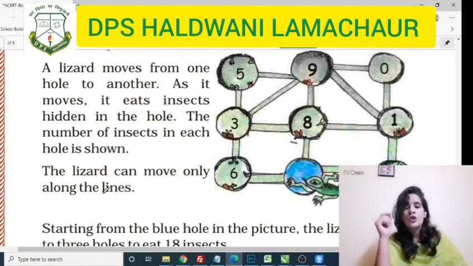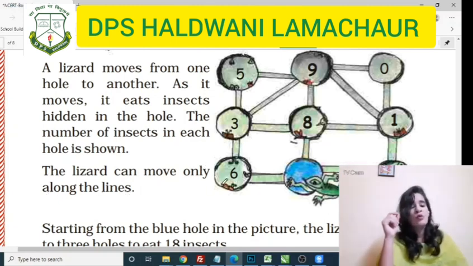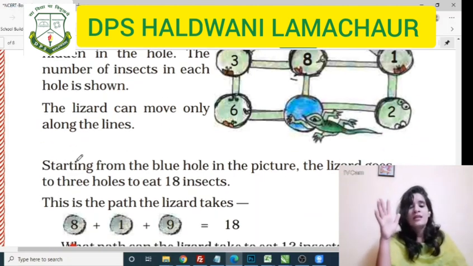Okay. So the lizard has to move along the line. She cannot jump. Okay. So it has to move along the line. Starting from the blue hole in the picture.